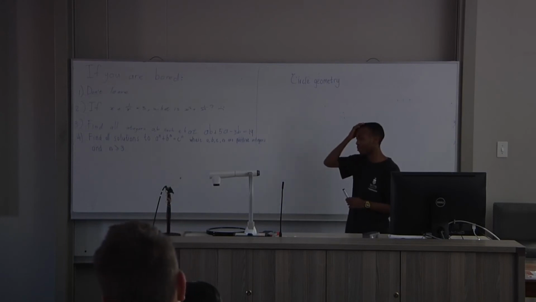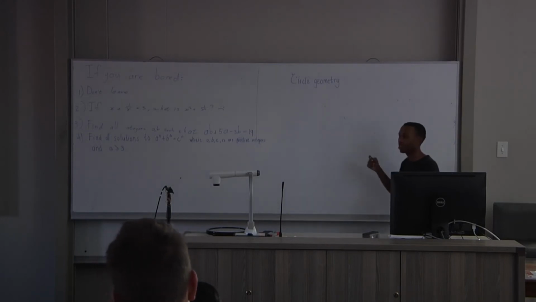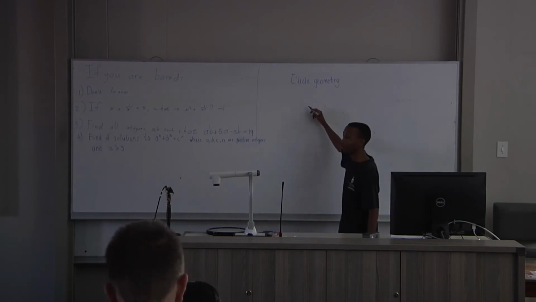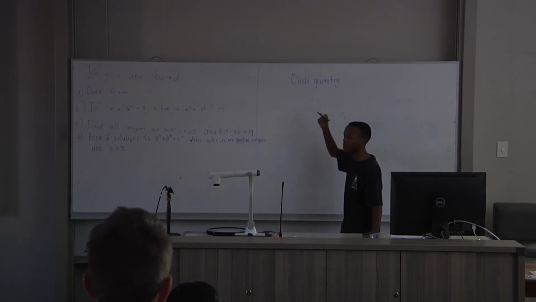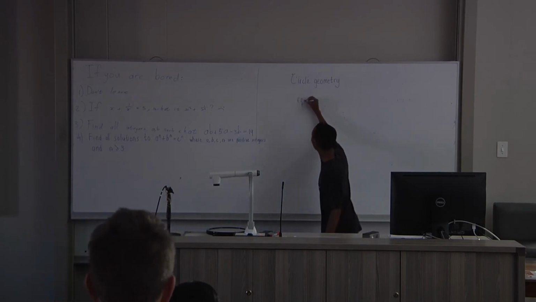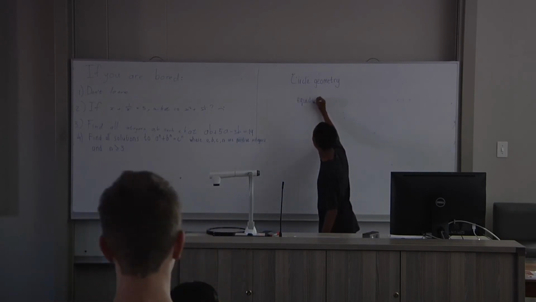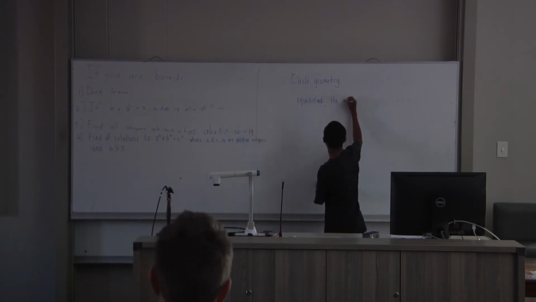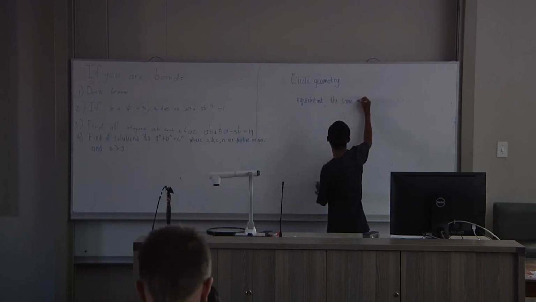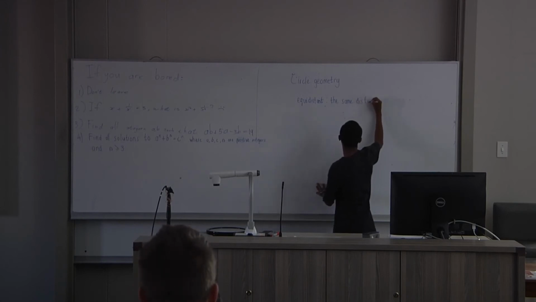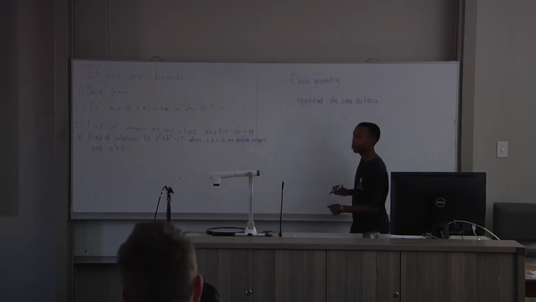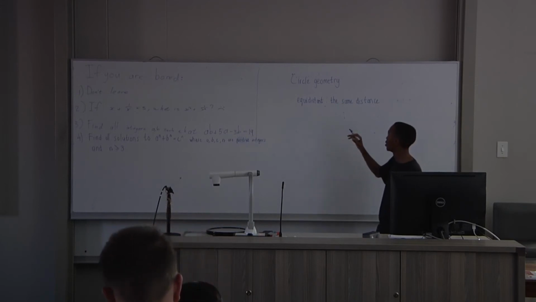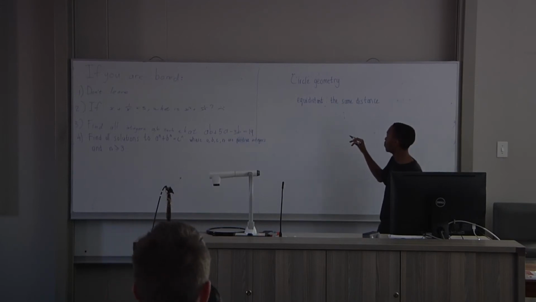So the formal definition for it would be a set of points which are equidistant from another point called its center. So equidistant meaning they are all the same distance from a certain point.